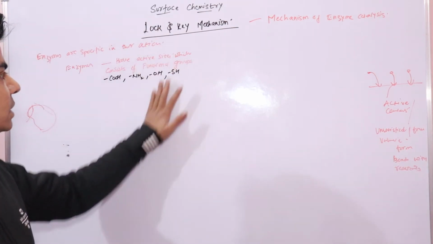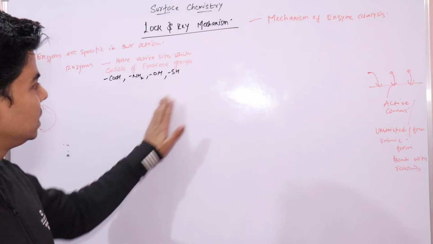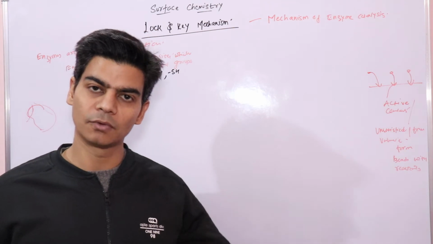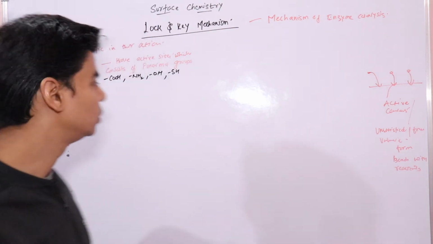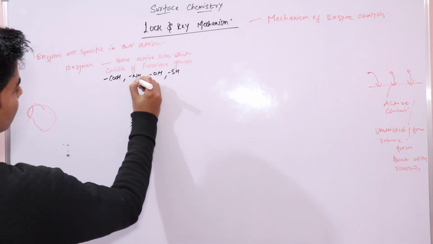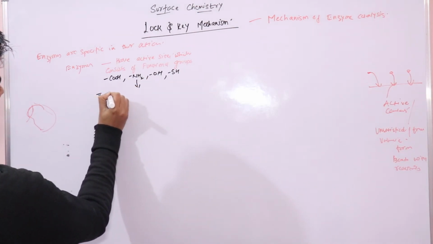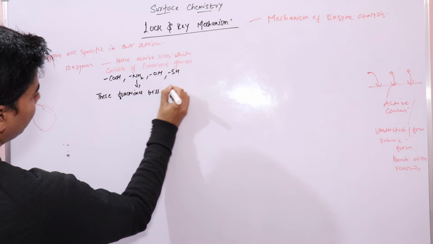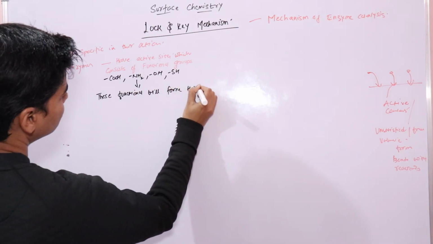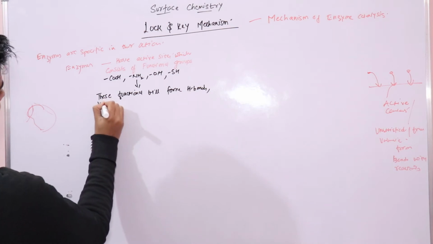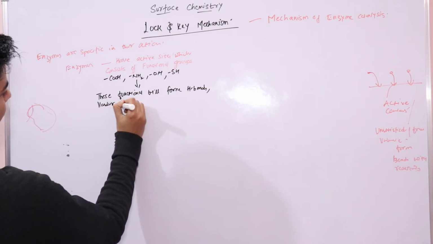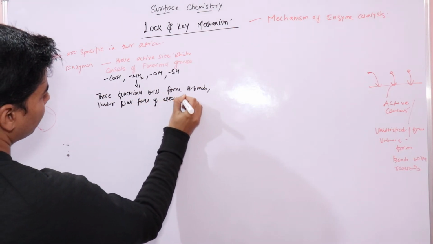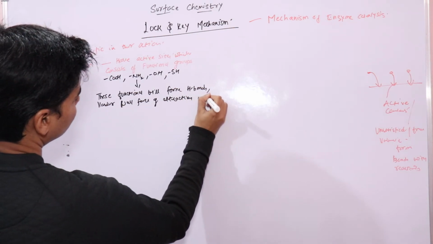Here also, on the surface of the enzyme we have active sites which consist of functional groups, and these functional groups will form hydrogen bonds or van der Waals forces of attraction with the substrate molecules.